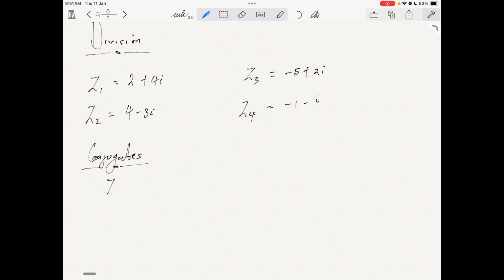Now, the conjugate of z1 can be written as z1 bar. If z1 is 2 plus 4i, then z1 bar will be equal to 2 minus 4i.